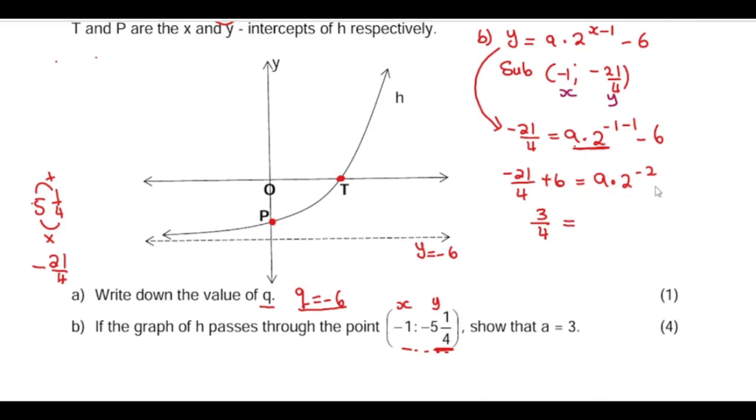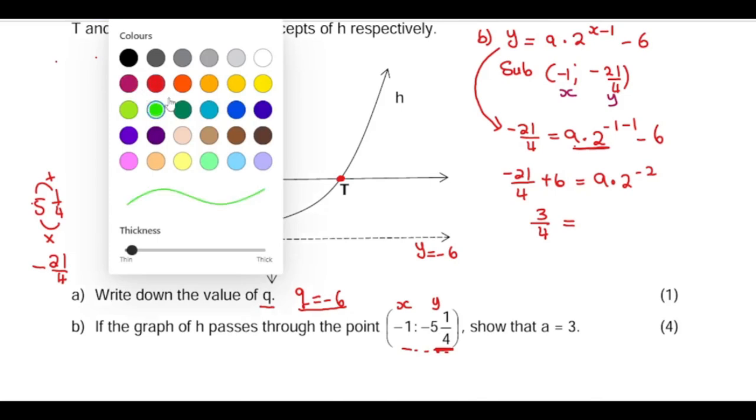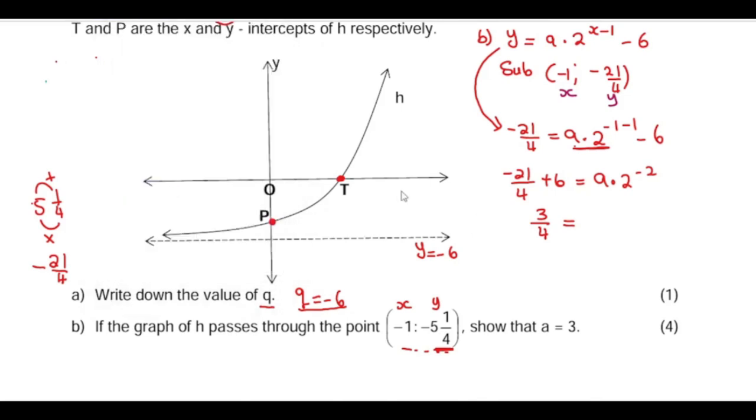this 2 to the power negative 2, we can write in this form using the laws of exponents. If I have x to the power negative n, this is equal to 1 over everything without the negative sign. So 2 to the power negative 2 will be 1 over everything without the negative sign, which is just 1 over 4.